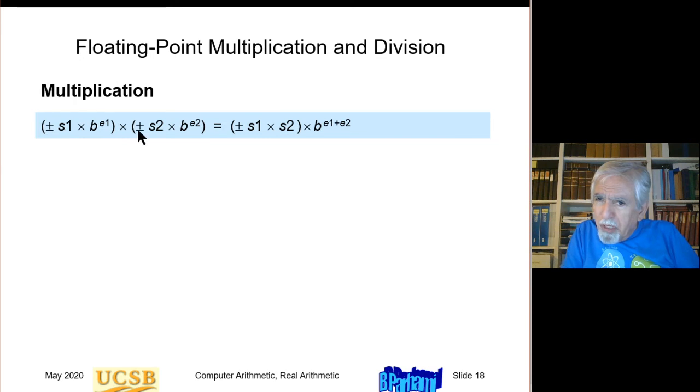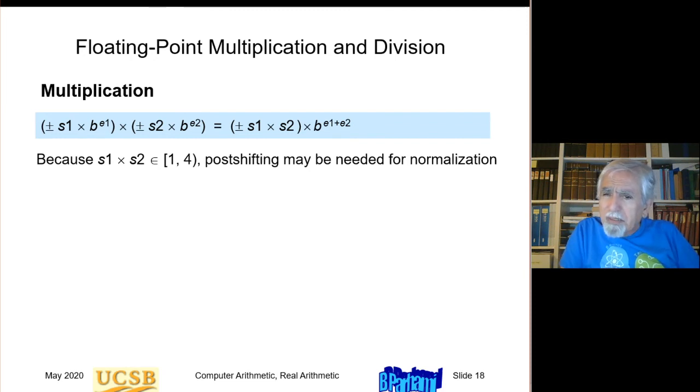Of course, multiply the signs too, XOR the signs. If both of these are positive, the result will be positive. If both are negative, the result will be positive. If one is positive and the other is negative, the result will be negative. So you XOR the signs, multiply the significands, and add the exponents.